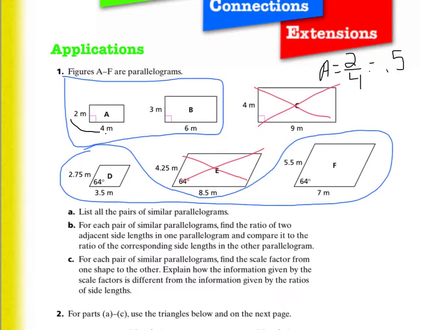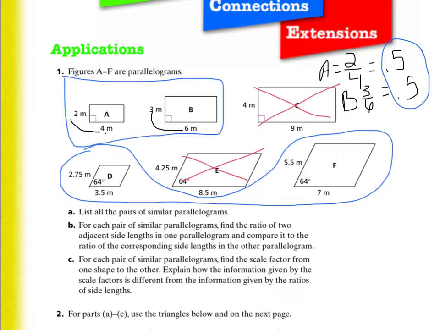For B, it's 3 over 6, which also equals 0.5. So as you can see, the ratios for A and B are the same.